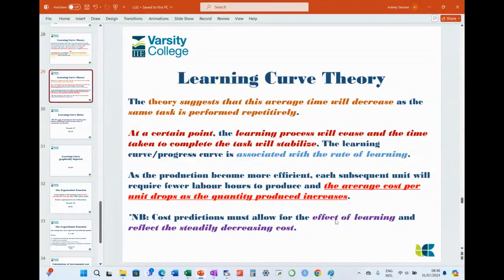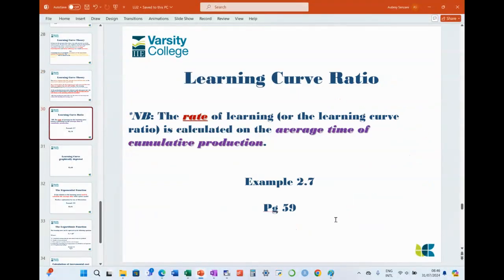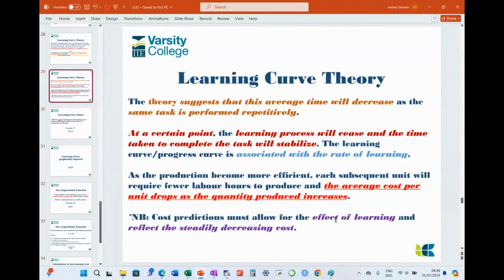So, to basically summarize, the average cost per unit drops as the quantity produced increases. Is it because the direct labor became more efficient? That's it. Yeah. From a learning curve perspective, because as you mentioned, there's many ways that we can reduce that average cost per unit. Sure.